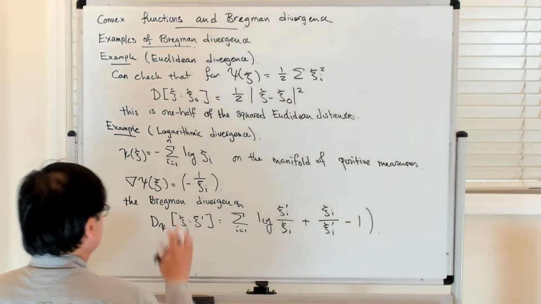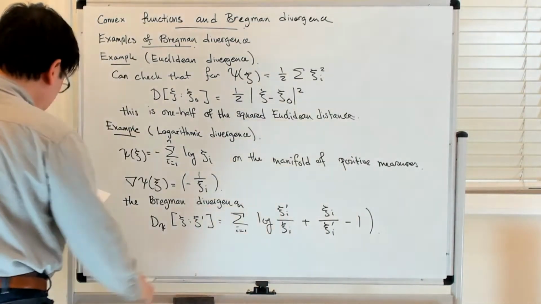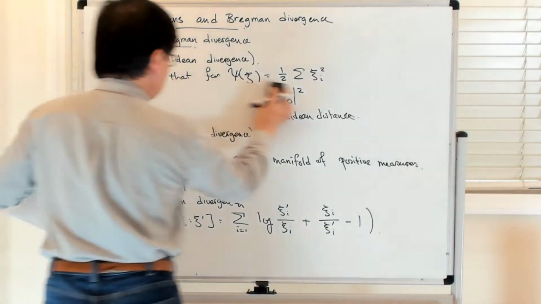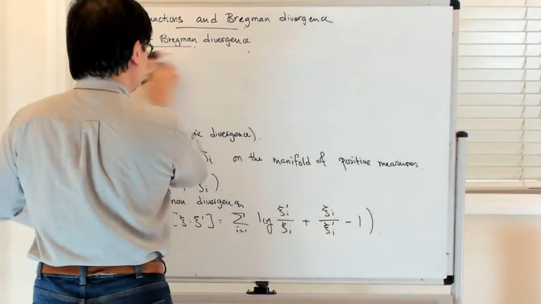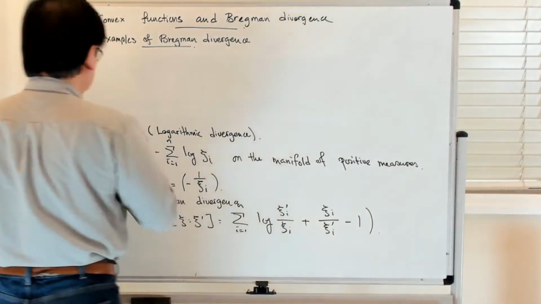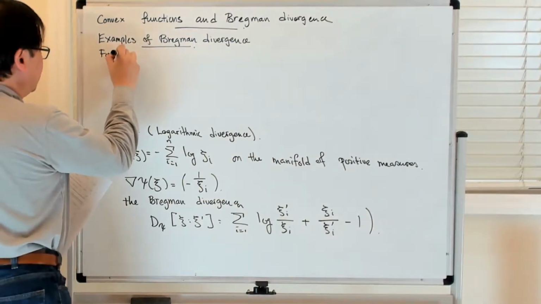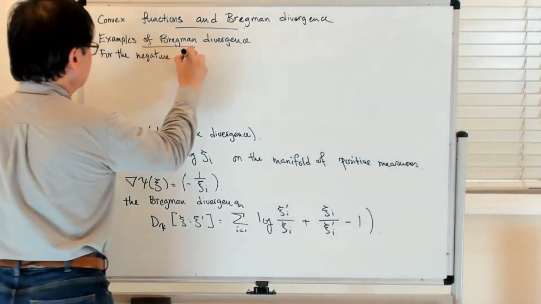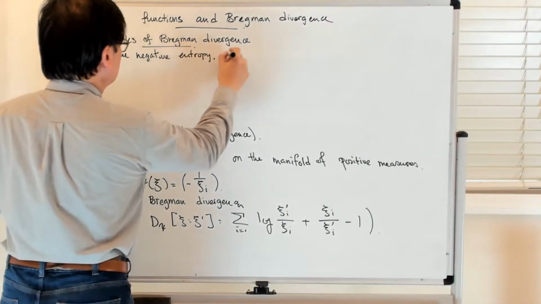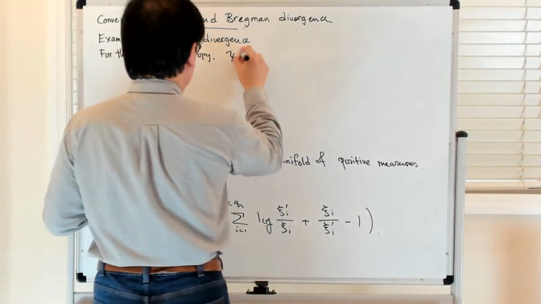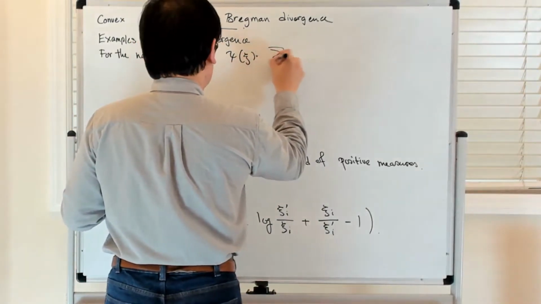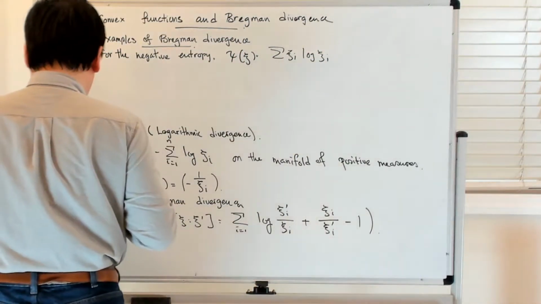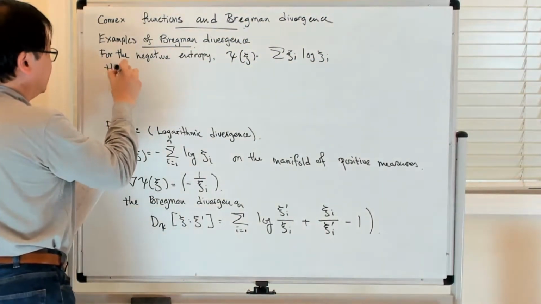All right, so that's one possibility. And then there's another convex function you can consider, which will lead to the KL divergence. So for the negative entropy, the Bregman divergence is the same as the KL divergence.